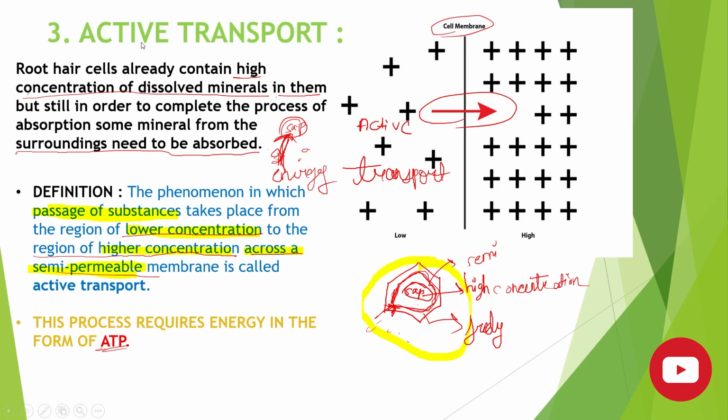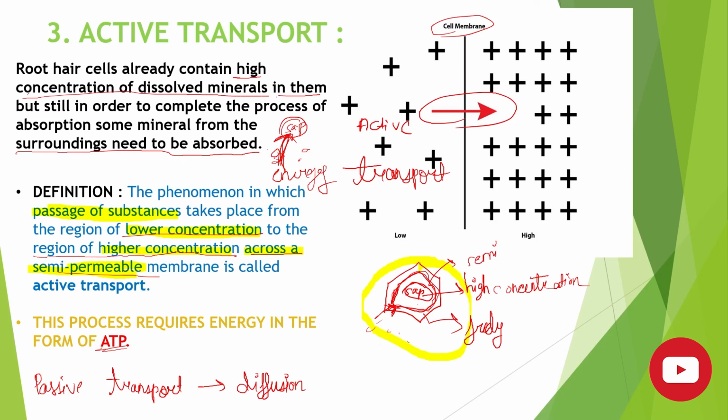Active transport is just the opposite of diffusion, and therefore diffusion is also known as passive transport.